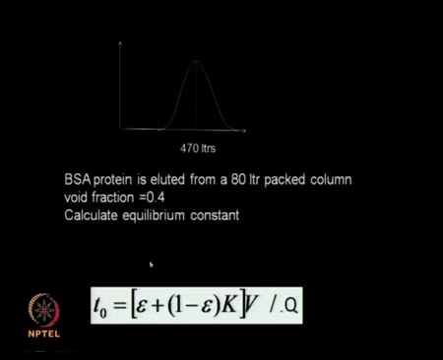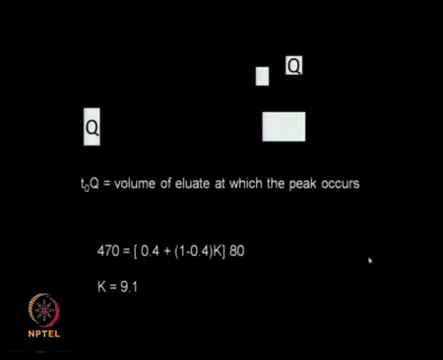So T naught into Q will give you the retention volume, which is 470, and 0.4 is the epsilon, 80 is the volume of the column. So all you need to do is calculate K, the equilibrium constant. It is very straightforward.